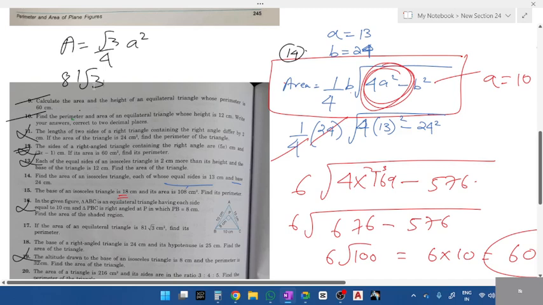Yes, 81 root 3 is equal to that. Then what value will you find from that? A value, right? Once you find the value of A, you have to find the perimeter. What is the perimeter of equilateral, students? 3 into side, that is 3 into A, right?